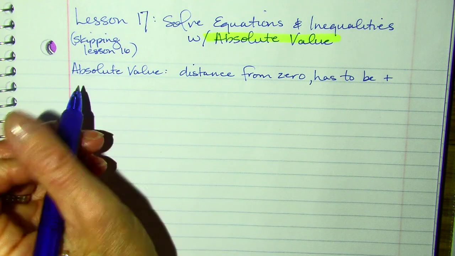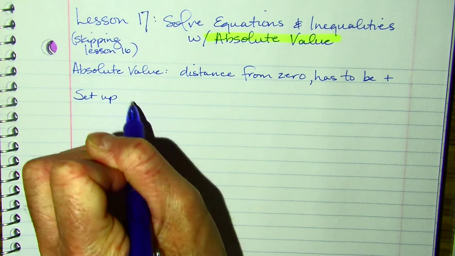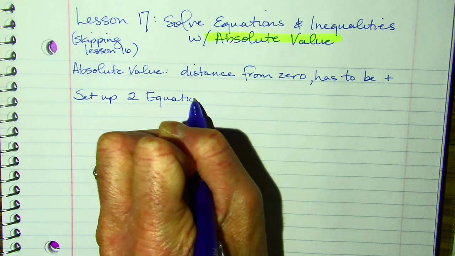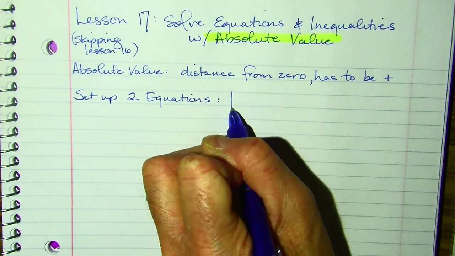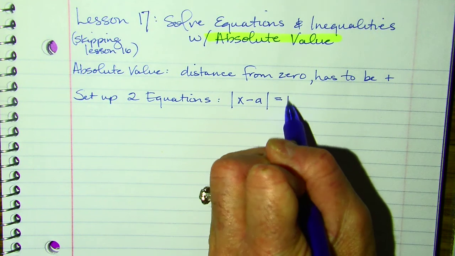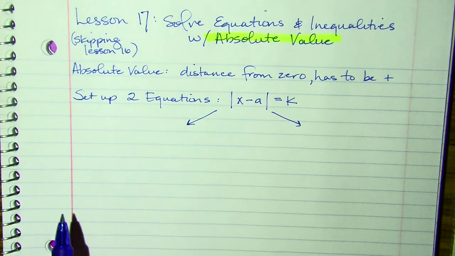Also, we are going to have to set up two equations for each problem. And I'm going to go over that just to begin with. So if I give you: solve the absolute value of x minus a equals k, you're going to set up two different equations to solve.